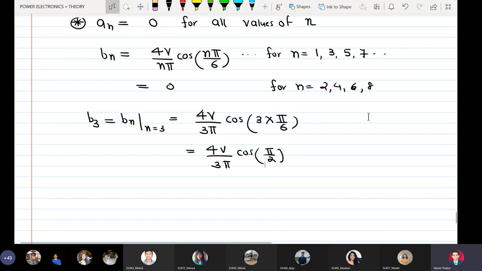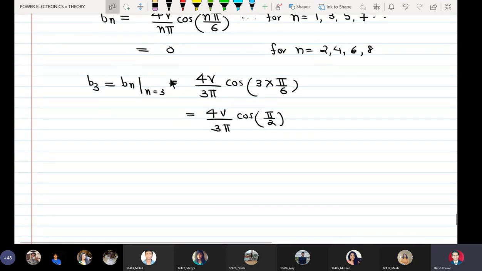You put n equal to 9, you get another value of cos which is again 0. So this is where lies the superiority of Cauchy square wave compared to square wave. Whenever you put any value of n which is a multiple of 3, then the value becomes 0.